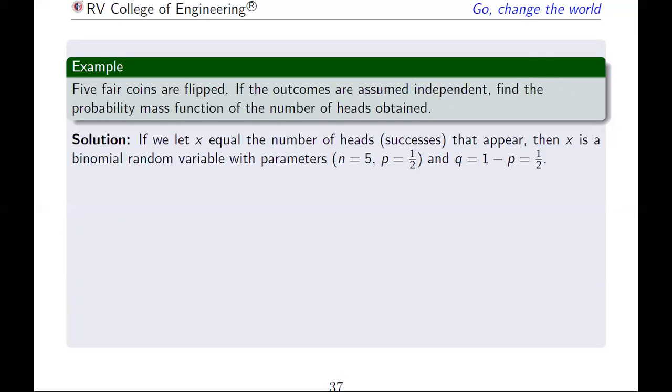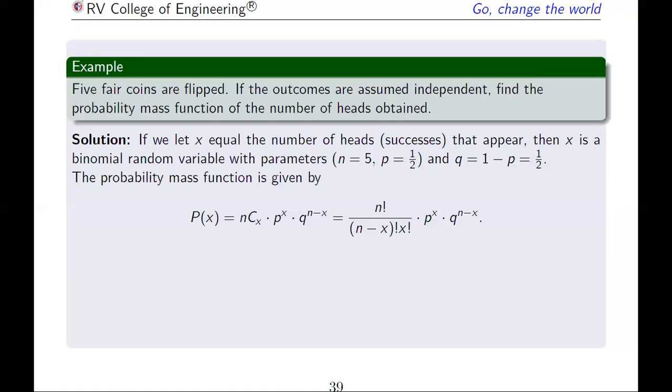So if you let x be the number of heads, p the probability of success, and q the probability of a tail, both are equal to 1 over 2. The probability mass function is given by, hence the probability of getting no head can be obtained by substituting x equal to 0 in the above formula.